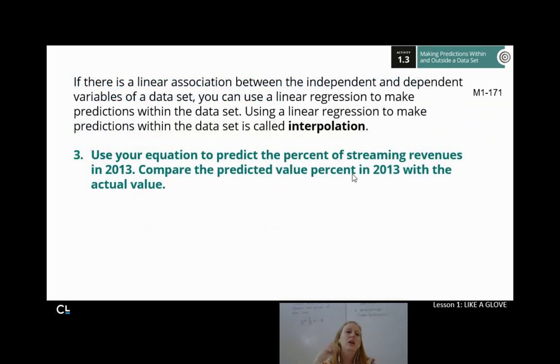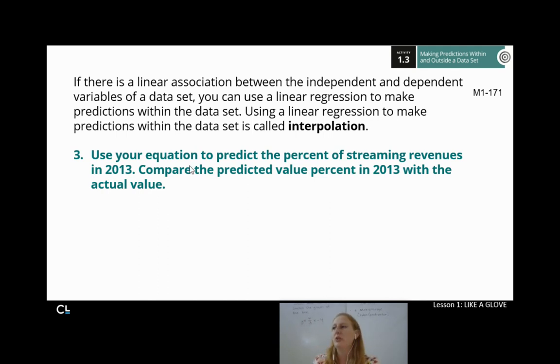Now, if there's a linear association between the independent and dependent variables of a data set, you can totally use a linear regression to make predictions, right? We did that earlier. So use a linear regression to make predictions within a data set. When we found that 85 degrees, it's called an interpolation. So when we're estimating within our data set, it's an interpolation.